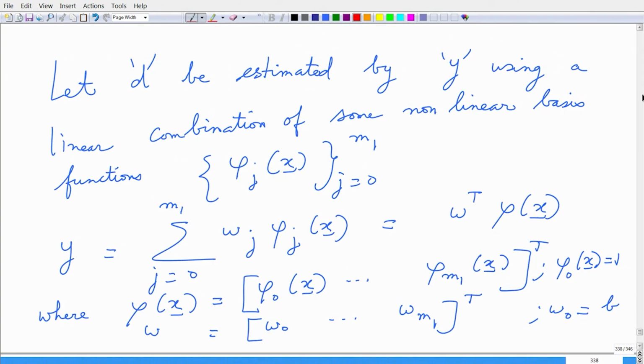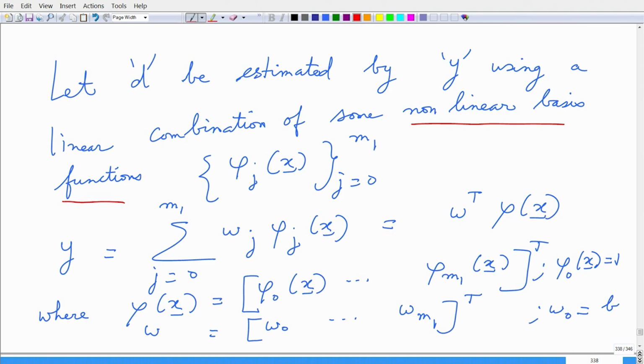Now, what is the idea here? We would like to estimate d using a linear combination of some nonlinear basis functions. And the idea that we had, by incorporating nonlinear functions over points in the input space, sort of helps us towards this formulation. Now y is basically summation j equals 0 to m1 w j times phi j acting on x.